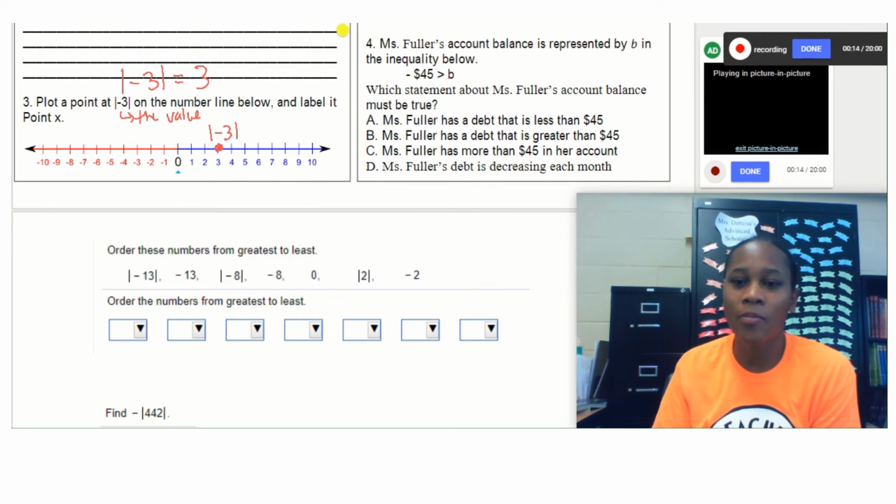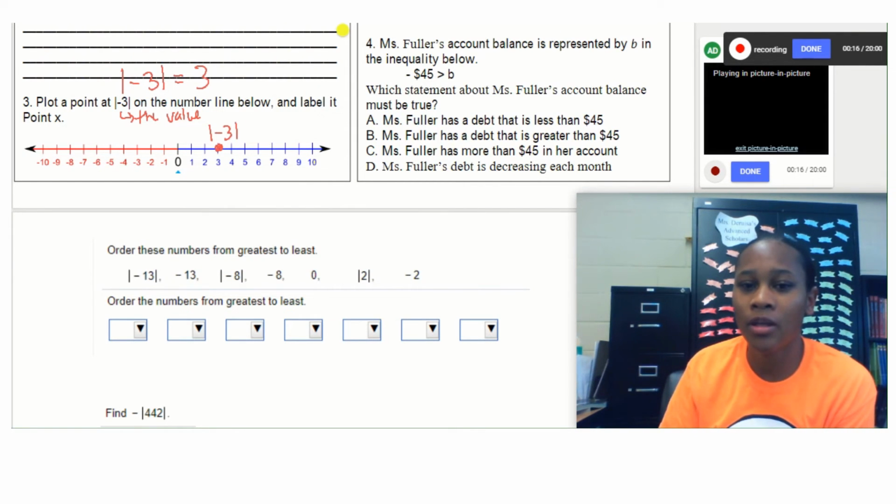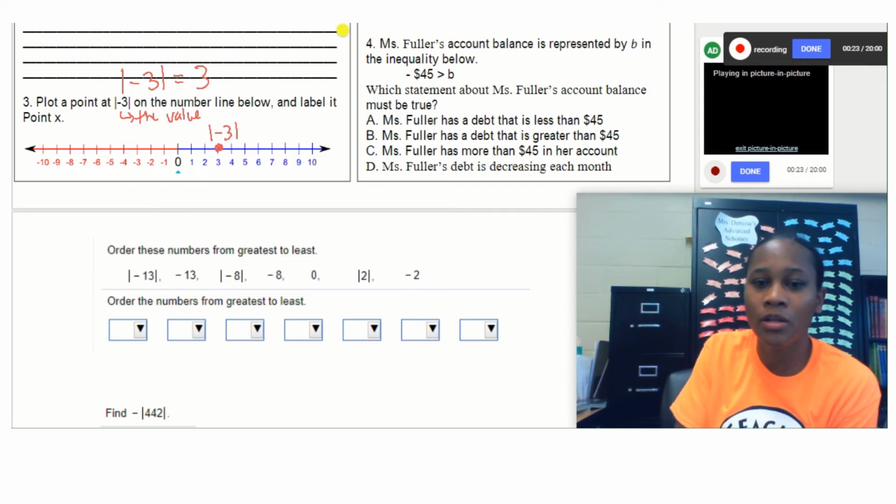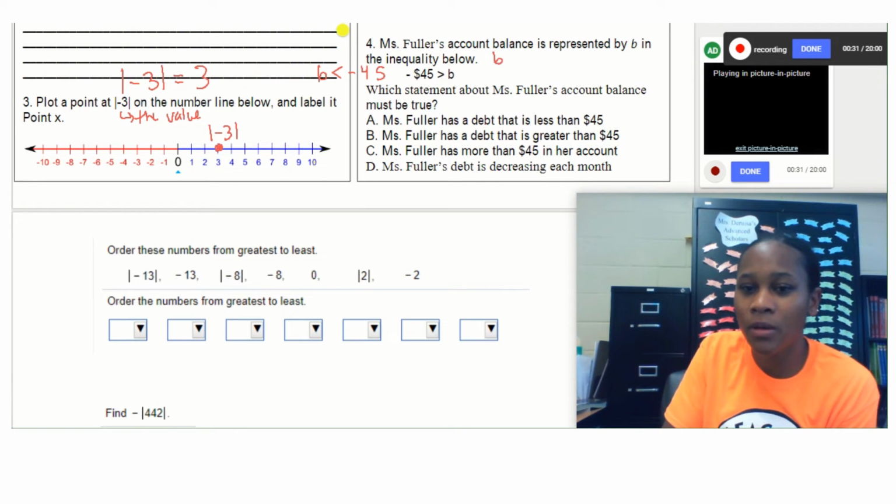Miss Fuller's account balance is represented by B in the inequality below. -45 is greater than B. And we should all know another way to write that is B is less than -45. So B in this case is represented by what? B is going to be the account balance, Miss Fuller's account balance.